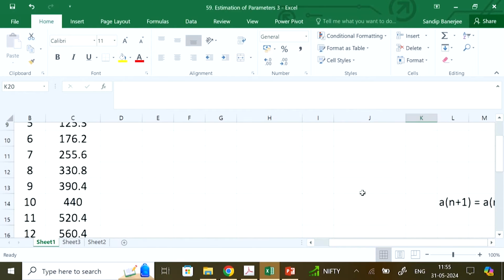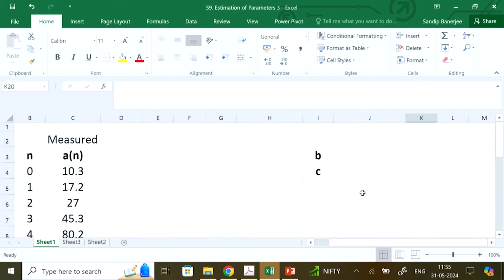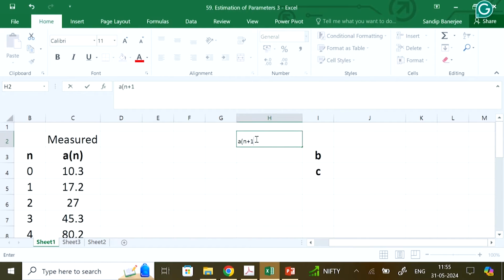So, the equation which I have is the logistic equation, and this will look like this: a n plus 1 equal to a n plus b times c minus a n multiplied by a n.